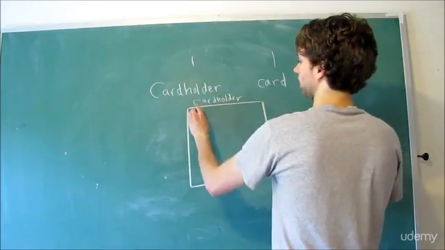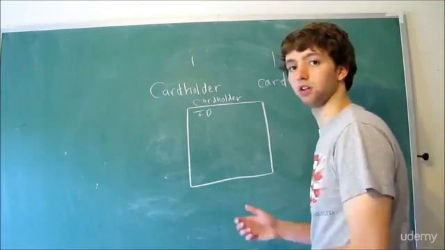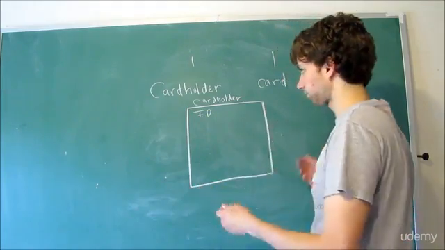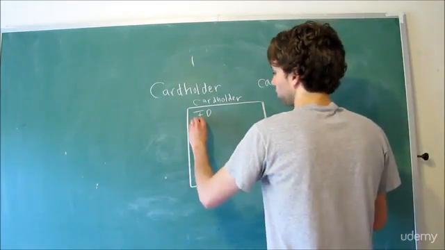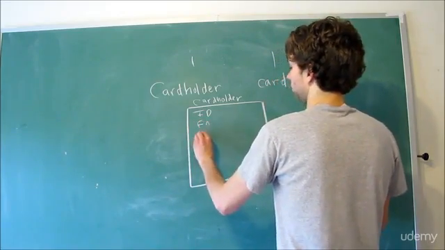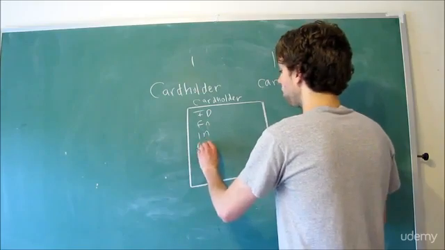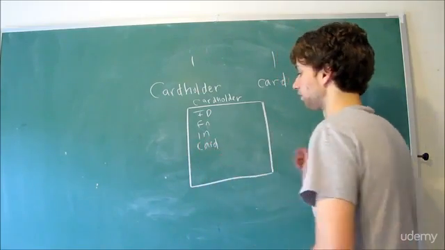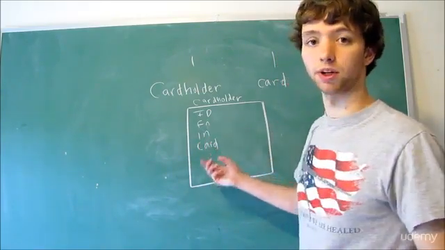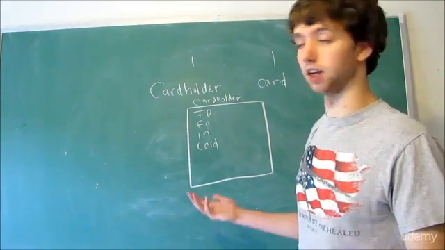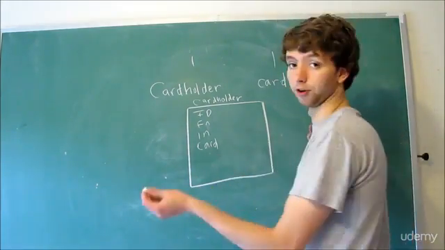First thing is we would have an ID for the card holder. We would have probably the card holder's first name, the card holder's last name, and then we would have the card. So we could say, well, that's their card. Let's say we could assign every card an ID or a card number.